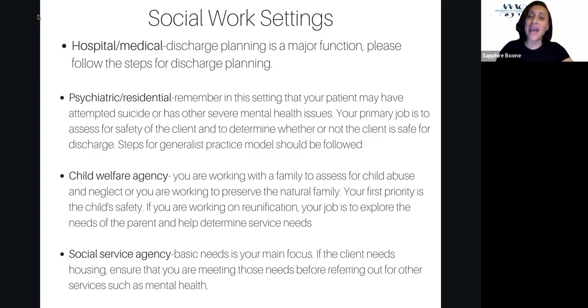Then we have the psychiatric. This could be a unit in the hospital, or it could be a standalone residential facility. Oh, and these two, hospital and psychiatric, have a lot of interdisciplinary collaboration. So you just want to keep that in mind, that you are working with other professionals in other disciplines.